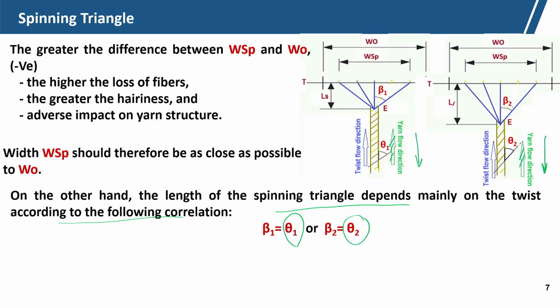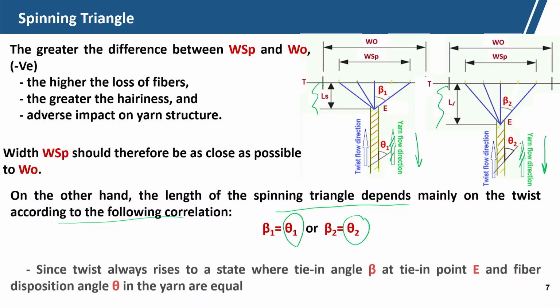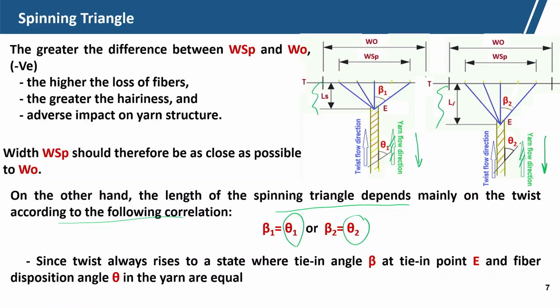So, that means the length LS or LL, the spinning length, will be reduced. Since the twist always rises to a state where the tying angle beta at the tying point E and the fiber deposition angle theta are always equal.